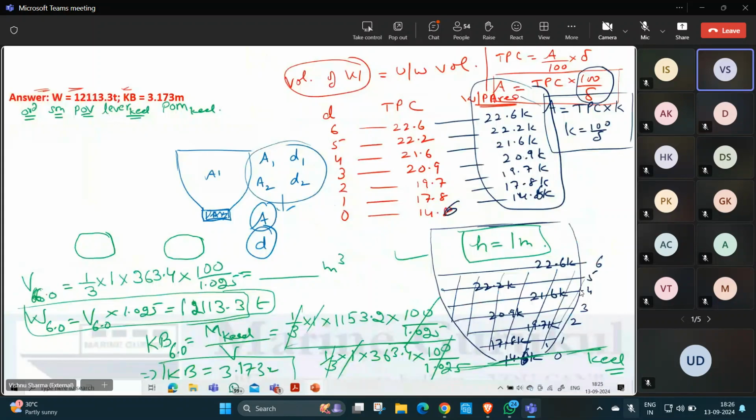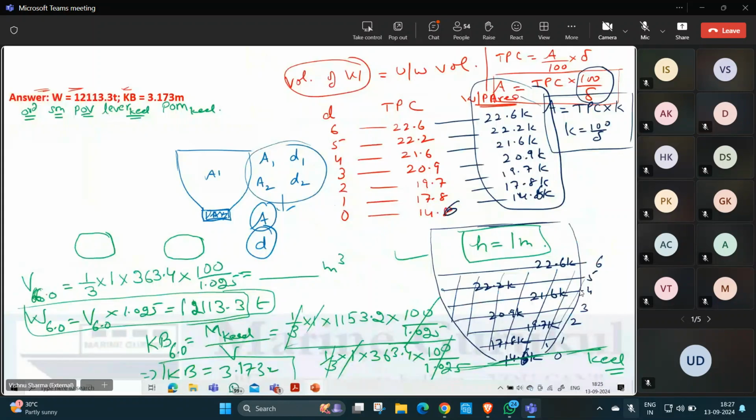So basically, your basic formula for TPC you must remember and should be able to recall. We all know that TPC of a ship is equal to A, the water plane area at the draft at which the ship is floating, upon 100, into the density of the water in which she is floating. Yes or no, beta? Am I right? Correct, guys?